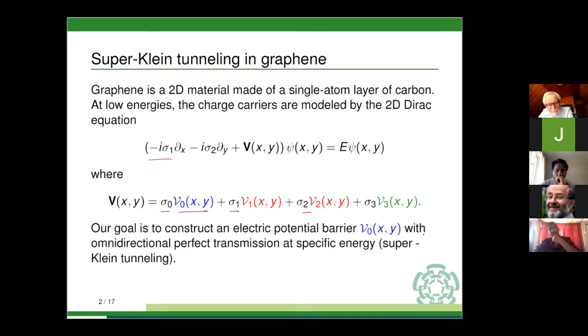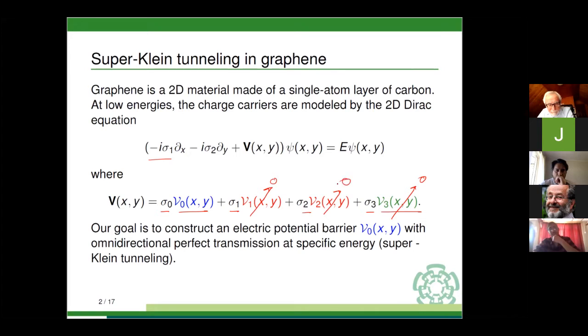And the last term, proportional to sigma 3, is related to the mass of the particle. In graphene, this term is usually equal to 0. For this problem, I will consider also that there is no magnetic field.